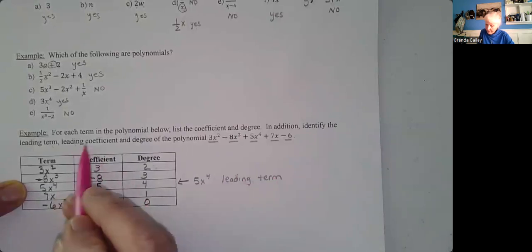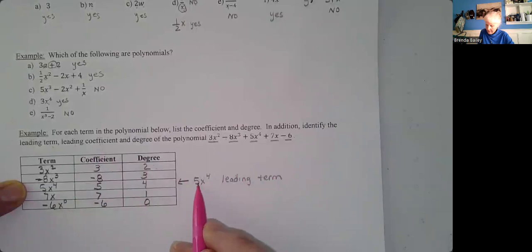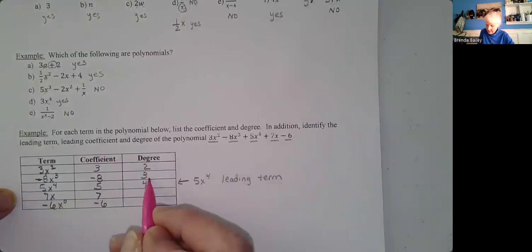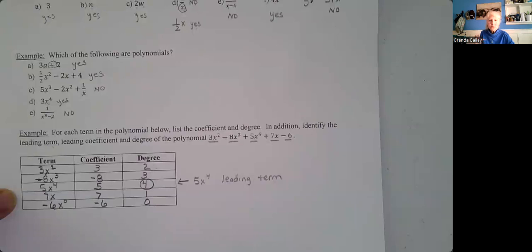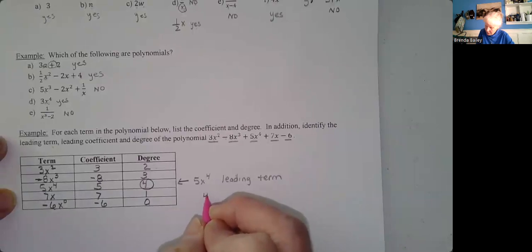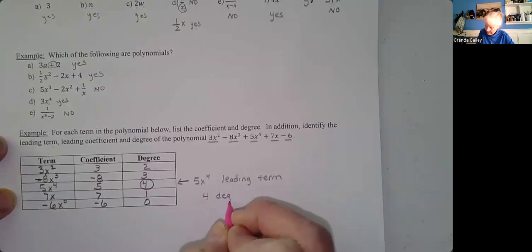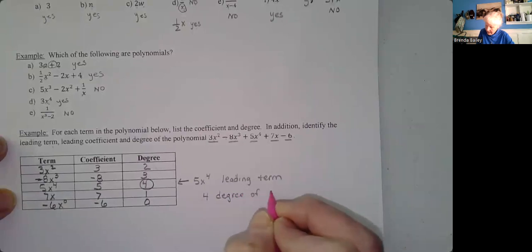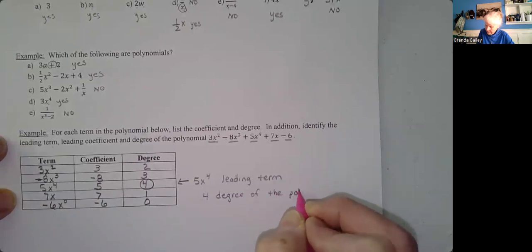The leading coefficient is 5, and the degree of the polynomial is this highest power. That's 4. So it's the highest exponent. And the degree of the polynomial comes from the leading term, always. So this right here, 4, is the degree of the polynomial.